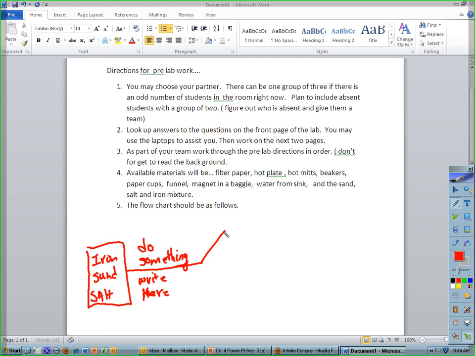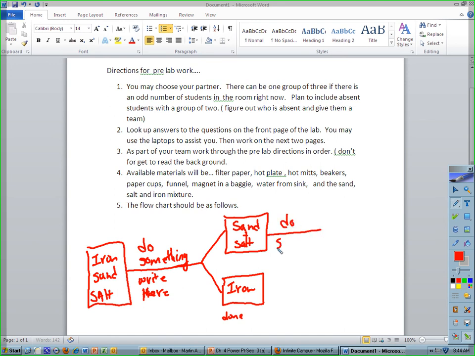That doing something should split up your iron, sand, and salt into at least two groups. One group might be sand and salt. And then the other group is probably going to be your iron. Once you have the iron by itself, that one's done. Is sand and salt by itself yet? No. So then you have to do something else.